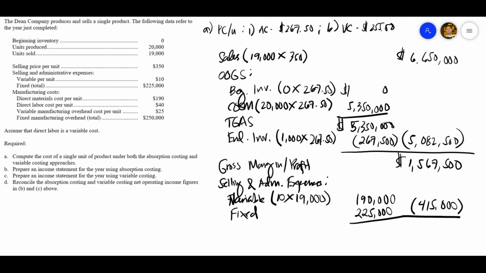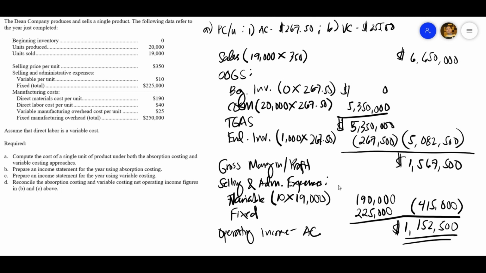And when we deduct your selling and administrative expense from your gross margin or profit, it will give us your operating income. This operating income is under your absorption costing. So it will give us a value of 1,152,500. So this amount is your operating income under absorption costing.